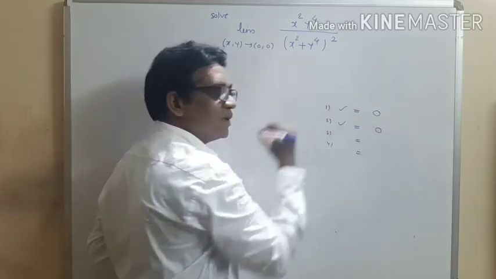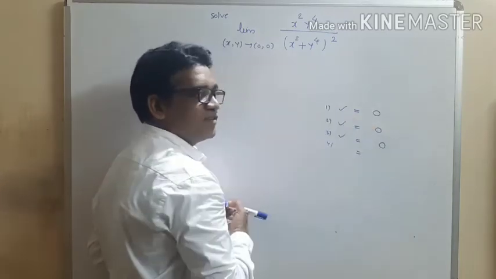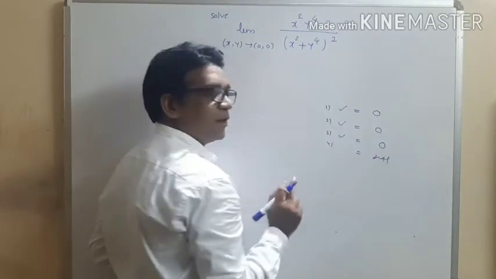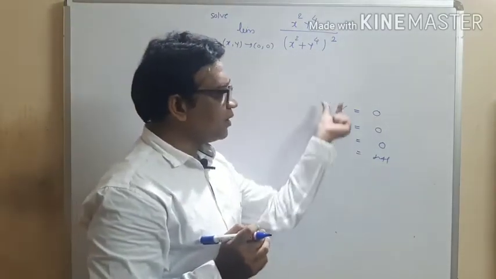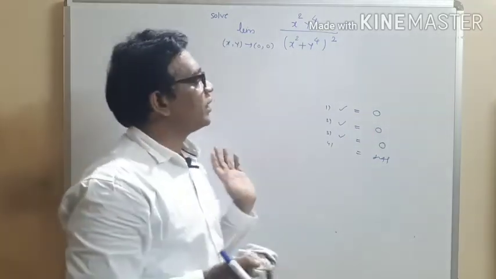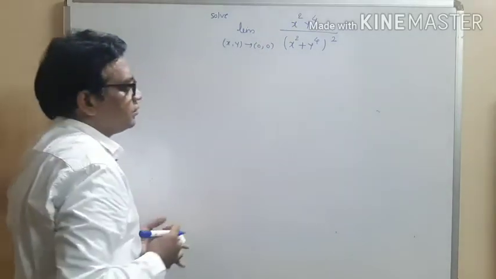If suppose this is again 0, consider third equation. If suppose this is again 0, find out fourth equation and get some different value. So what is the process? Consider some different paths and find out some different limit. It is called limit does not exist. So write down first path, write down solution.